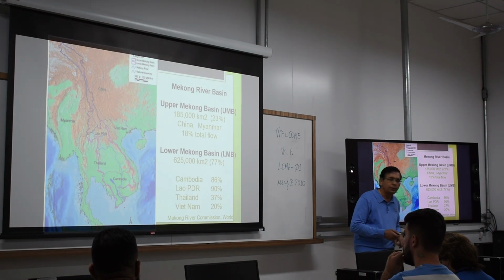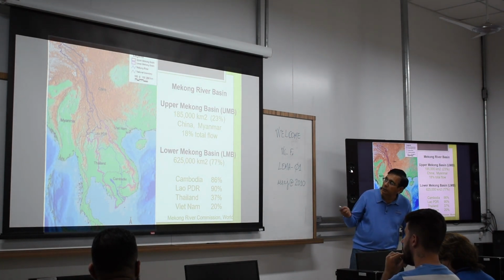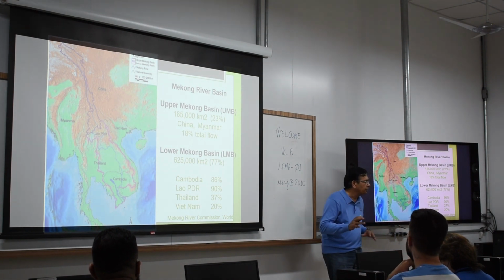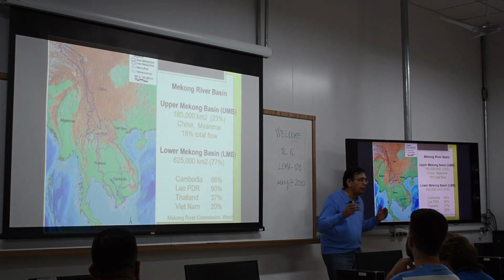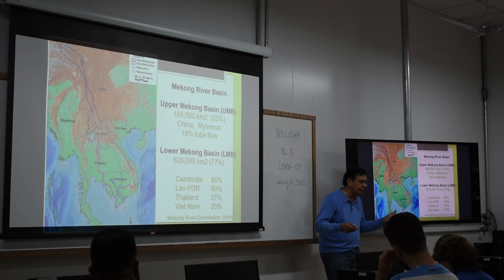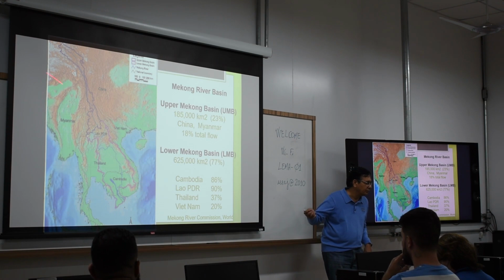The problem is the Upper Mekong River Basin, this is all completely hilly area, mountains, right? They have built massive dams in those mountains. So if China decides to open the gate, it can flood everybody here. Okay.